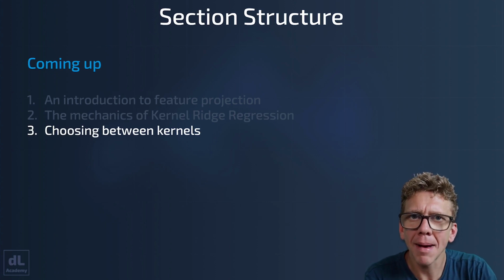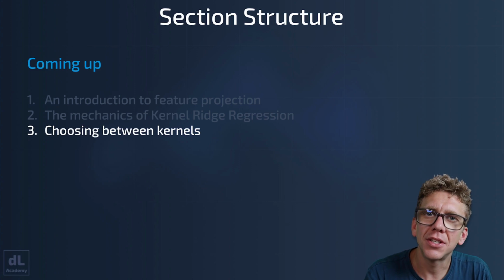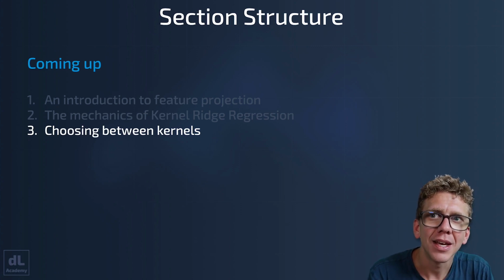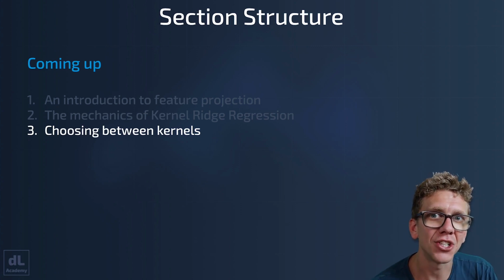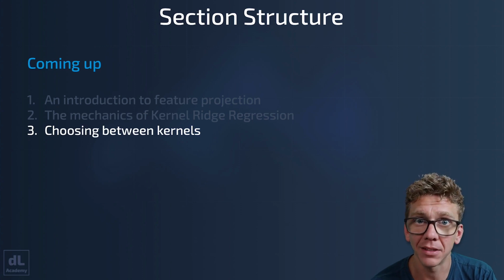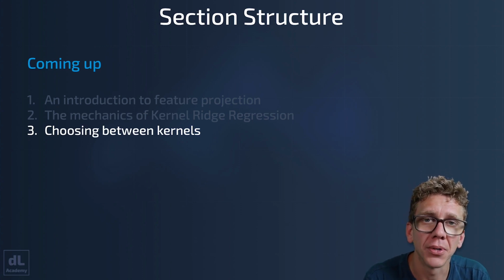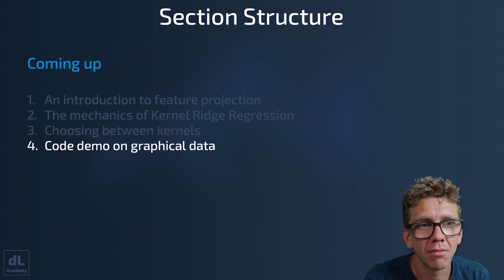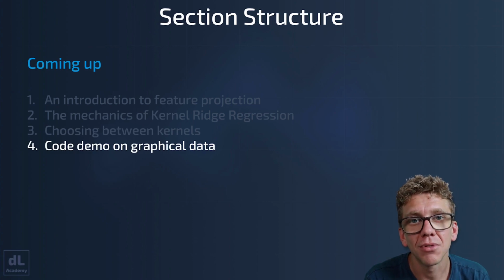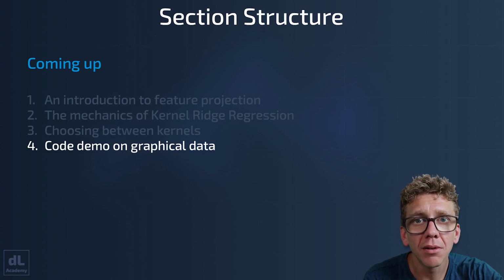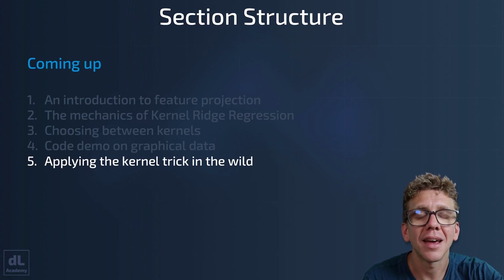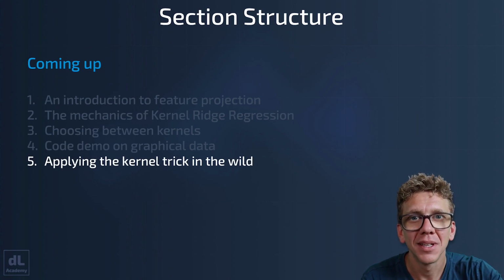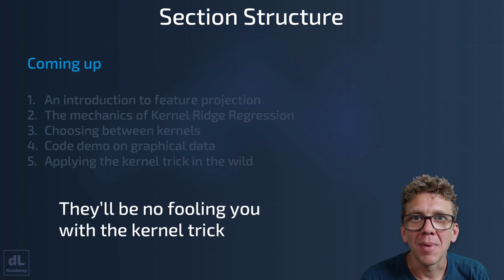These are going to become apparent in that lesson, but then to choose between kernels is a choice between the way that features are expanded behind the scenes. Okay, so that's very important. We're then going to look through how to implement all these ideas in code, both on graphical data and in the wild. So, after all that, there's no doubt in my mind that you will not be fooled by the kernel trick.